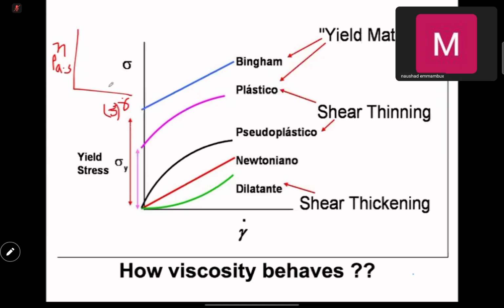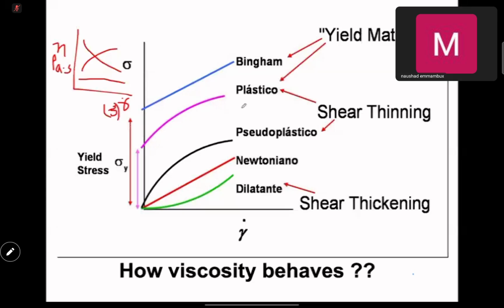Shear thinning will be like that. Shear thickening will be like that. And remember, Newtonian will be just a straight line.